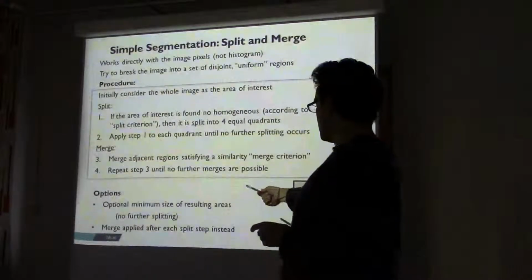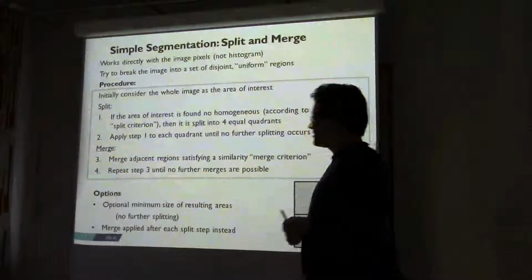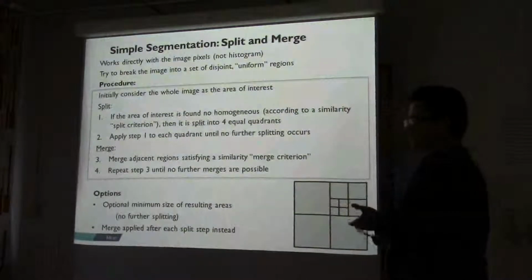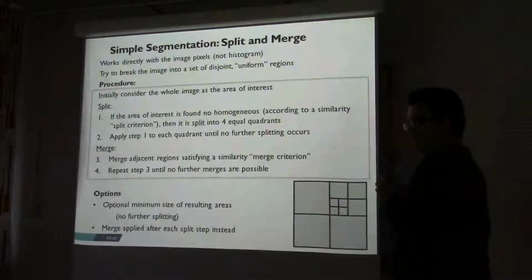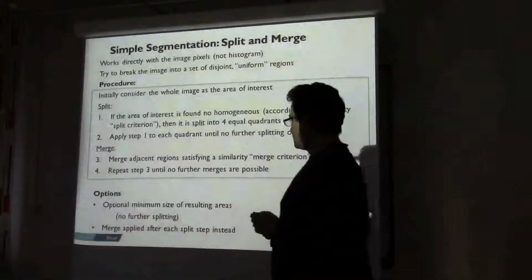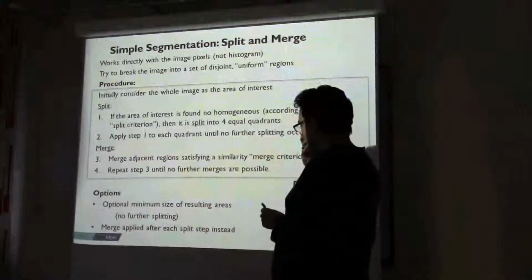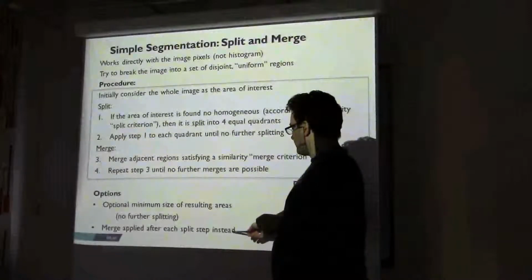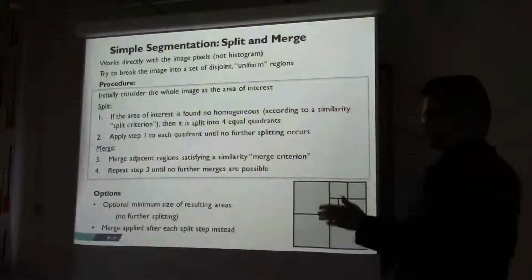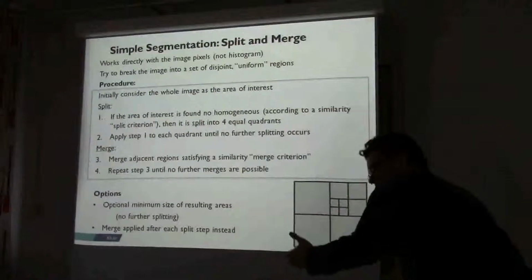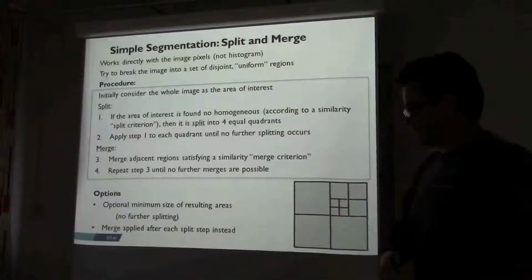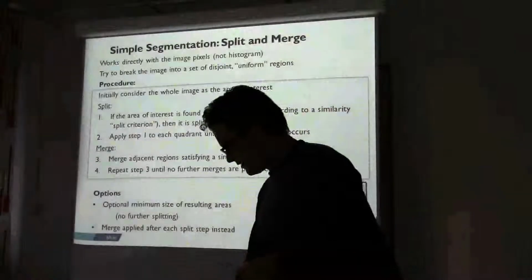There are options like setting a minimum size of the area, so if you are going to split and the resulting areas are smaller than a number of pixels, then you don't split them anymore. Another option is to apply merge after each split step. Split, merge, or you split all the way until you have all the image split and then merge again. There are different variants for that.